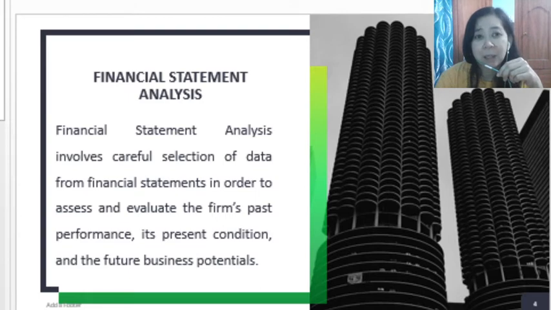These are the uses or the importance of financial statement analysis. That's why most economic entities or enterprises should normally perform this FS analysis.